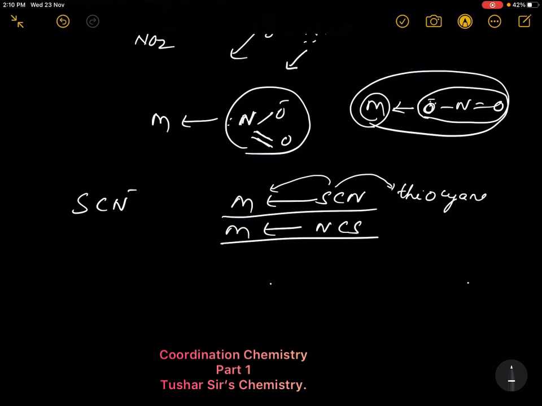And if it is connected through N, this is the isomer of this one, so you should write isothiocyanato.